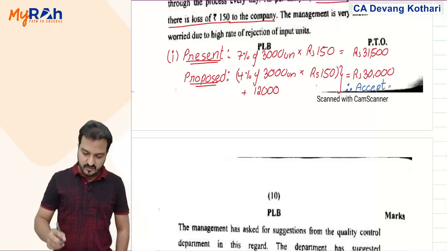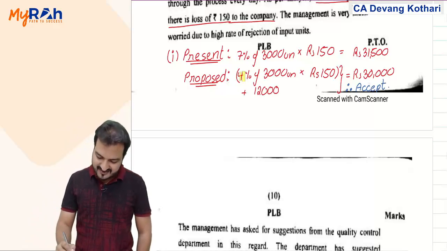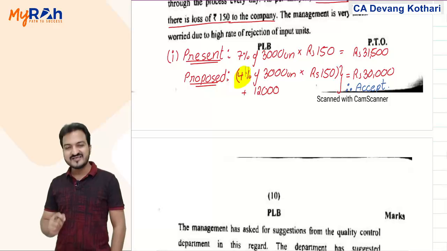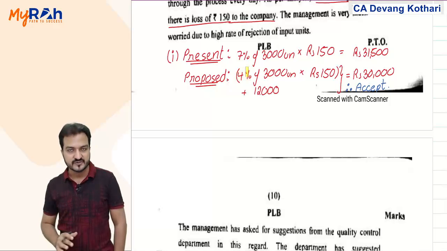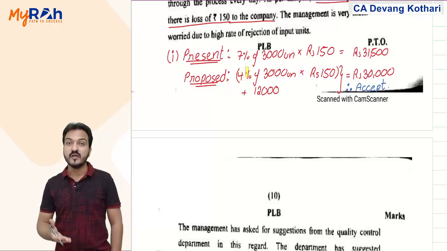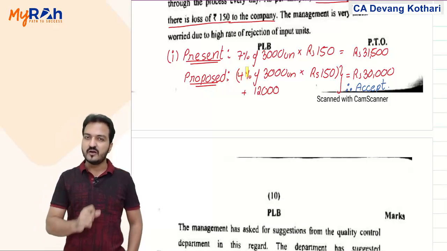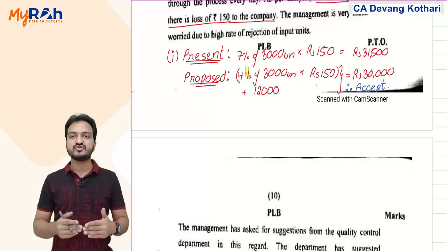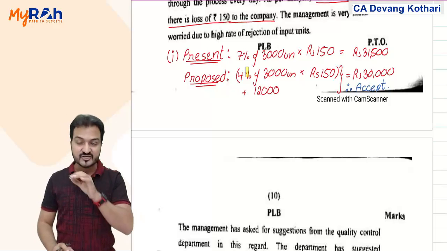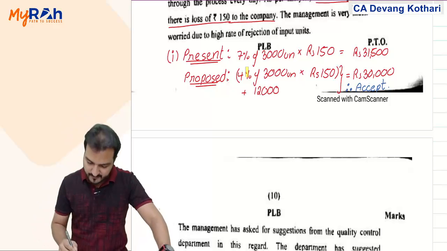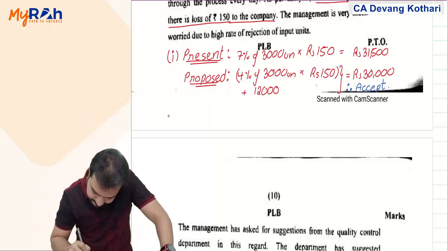But what if the new system decreases my rejection not up to 4%? What if it decreases my rejection only up to 5%, only up to 6%? Then would the new system be acceptable or not? Well, that is why now they are asking the minimum how much reduction in that rejection rate should be there for the new system.